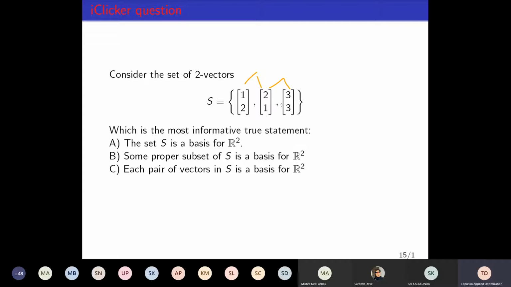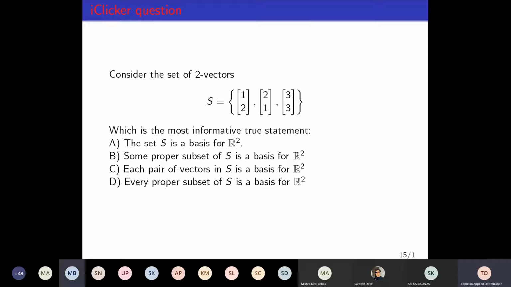No. Can I take this pair, 1, 2 and 3, 3, and write one as a scalar multiple of the other? No. So any pair is linearly independent, so any pair I choose will form a basis. Next option: every proper subset of S is a basis for R2. Do you agree with this?